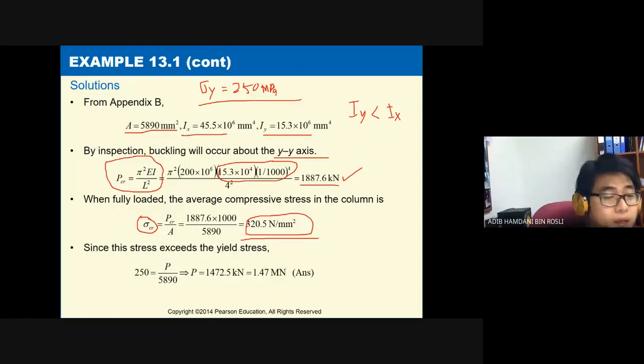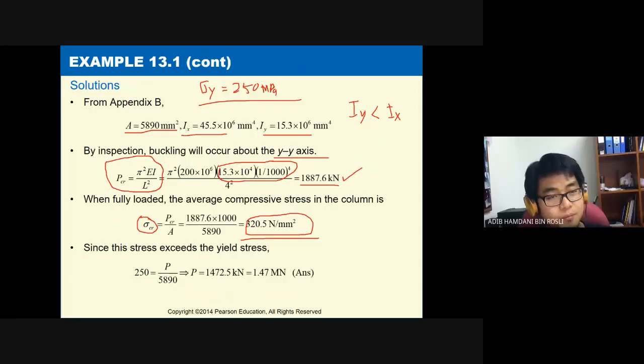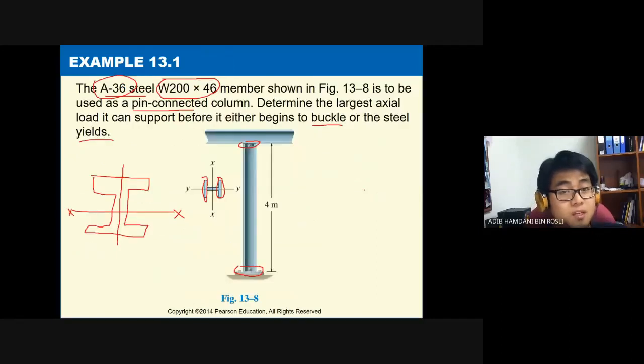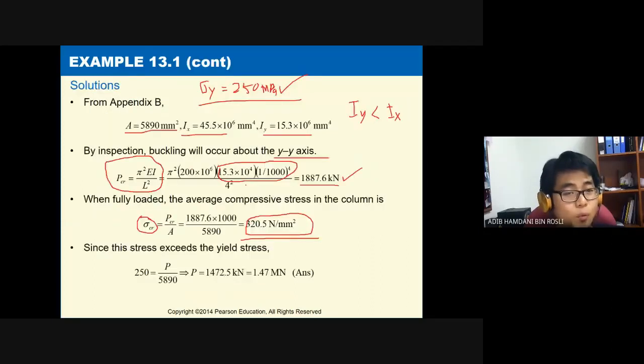What does it mean by that? It means this column will fail in which mode first? It will fail due to yielding first, because the yield strength in this case is lower than the critical stress. So the largest axial load that it can support before it either begins to buckle or the steel yields will be checked against the yield strength, not the critical buckling stress.